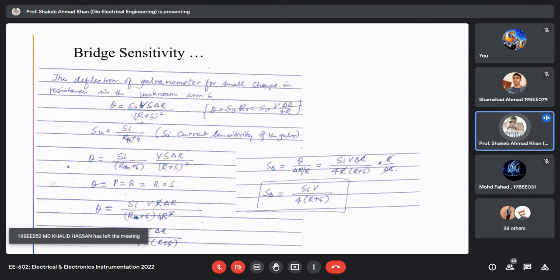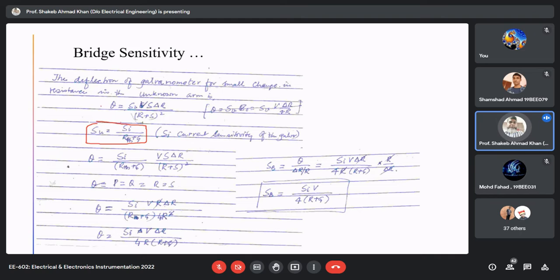You see, your voltage sensitive circuit and your current sensitive circuit are duals. In case of the voltage sensitive bridge, your deflection is equal to S V into V into delta R upon R plus S. So instead of SV, we put SI upon R Thevenin plus G, that we had shown here.